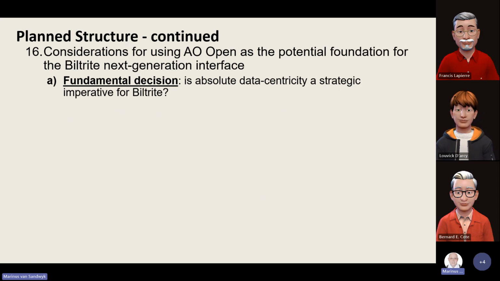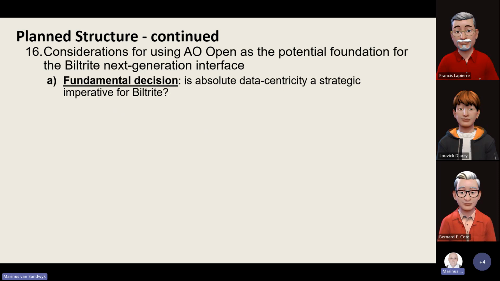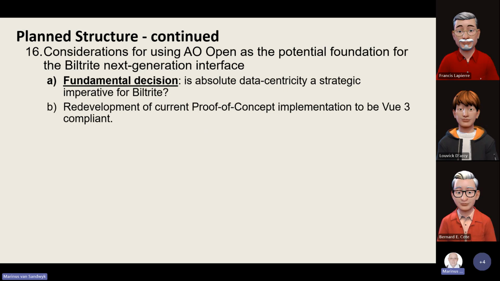Now, you have to please keep in mind throughout the next couple of weeks this question: is absolute data centricity a strategic imperative for Bolt-Wright? You don't have to answer me this at this stage. It's important, though, that you continuously ask yourself that question as we walk through the entire solution.